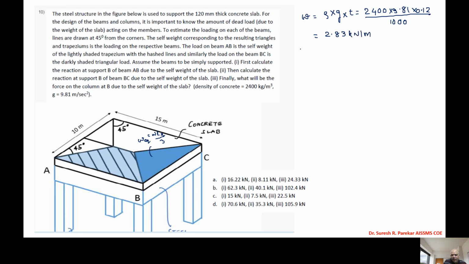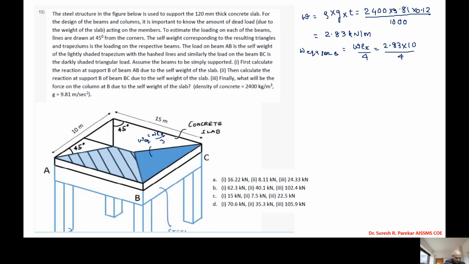Now W equivalent for the triangle is equal to W into Lx by 4. Now W we have 2.83 into Lx we have 10 divided by 4.